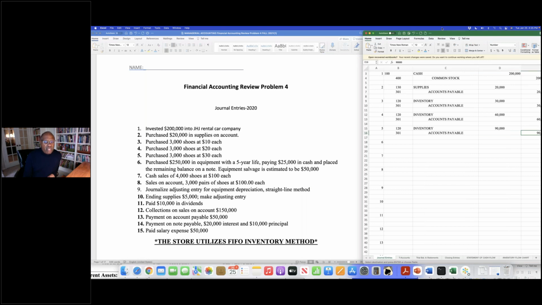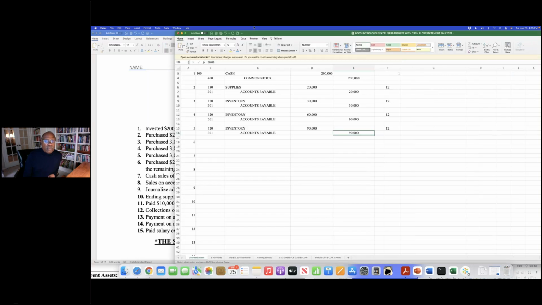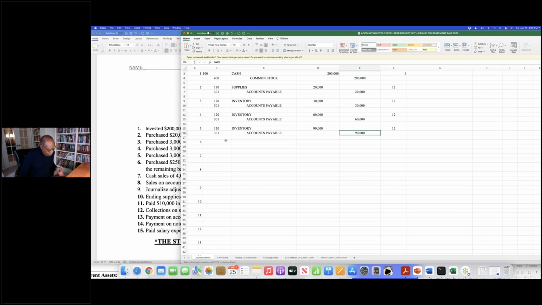So here we're just concerned with 6, purchasing equipment. How much equipment did we purchase? $250,000. So we're going to debit equipment for $250,000.